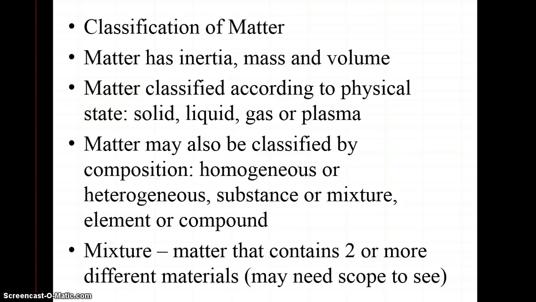And there's a nice little diagram on my website that breaks all of these down in a nice organized fashion. A mixture is matter that contains two or more different materials. Sometimes you may need the microscope to actually see the mixture.